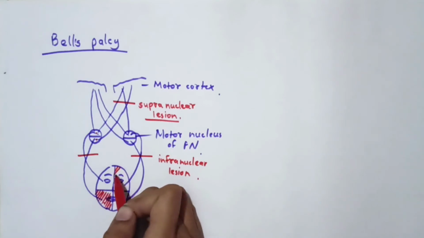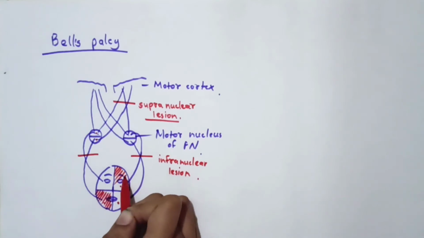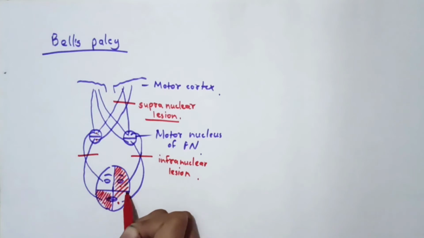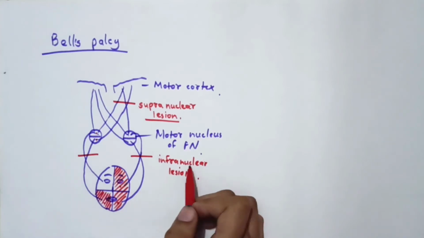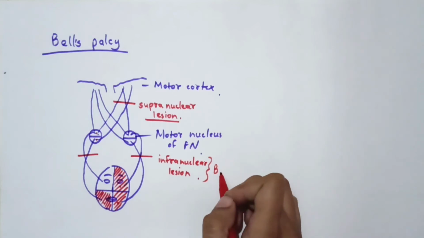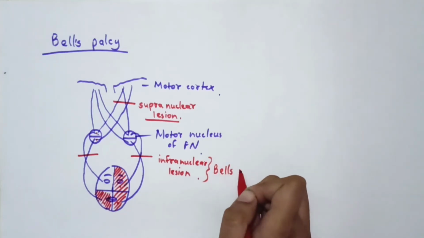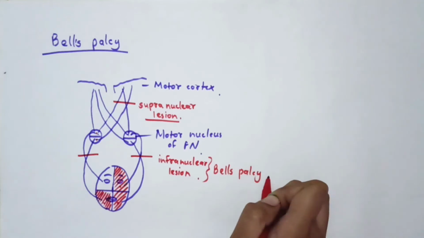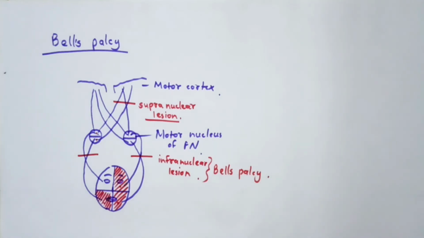So in the infranuclear lesion, there is paralysis of the complete half of the face. This infranuclear lesion is what we'll be studying today, Bell's palsy. Two types of lesions and two types of paralysis are seen in the face: one because of supranuclear lesion and one because of infranuclear lesion.